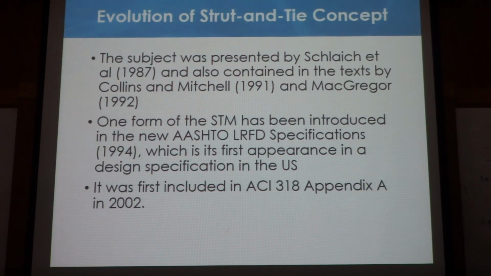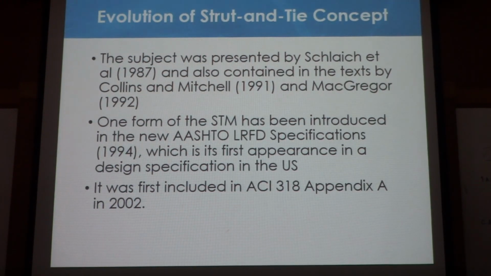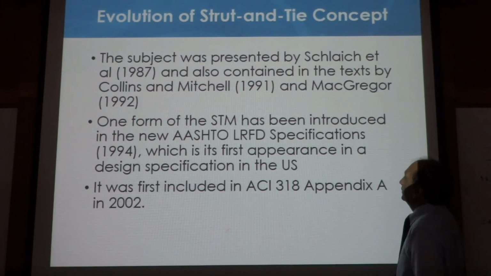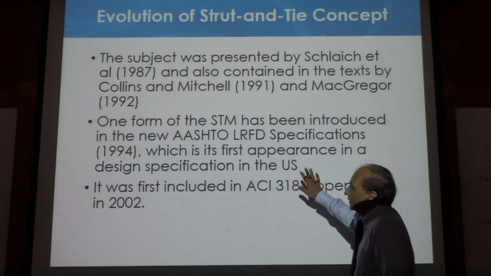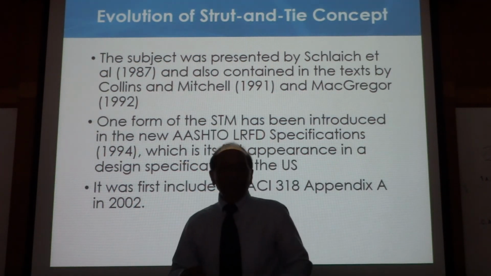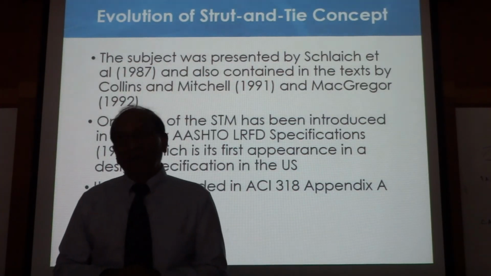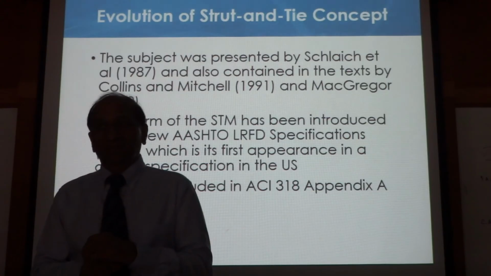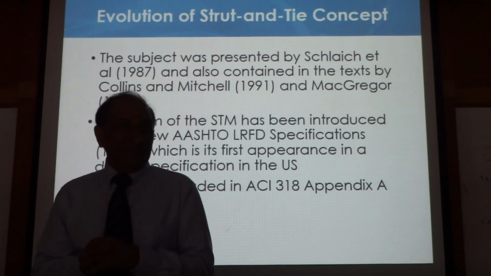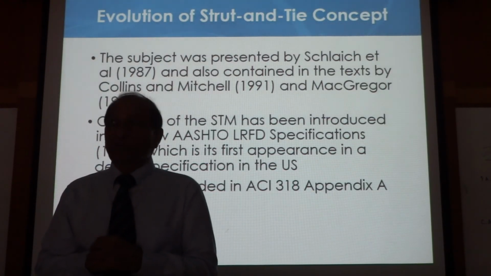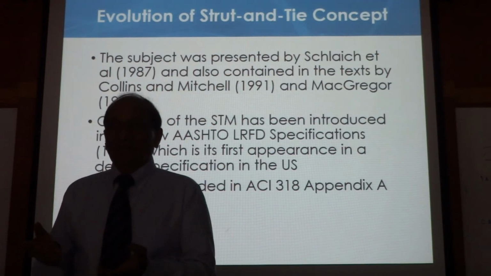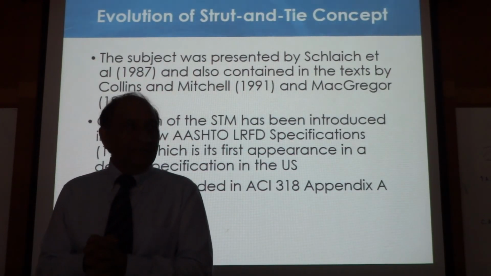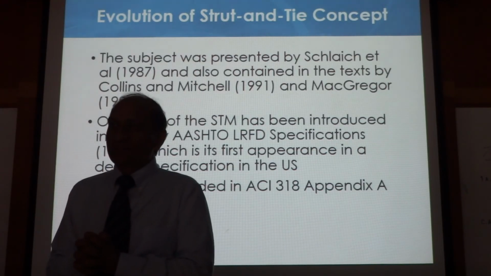The subject was first presented, even before that, in this slide in 1987 and also continued in the text by Collins and others, but actually that is not really true. If you go back very far, in the 1920s, there was a paper by one guy who said this, but nobody believed him, and the poor guy passed away. And a long time after his death, now people say, oh, he was right, right?